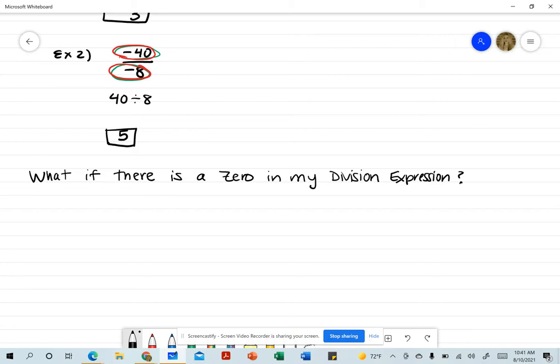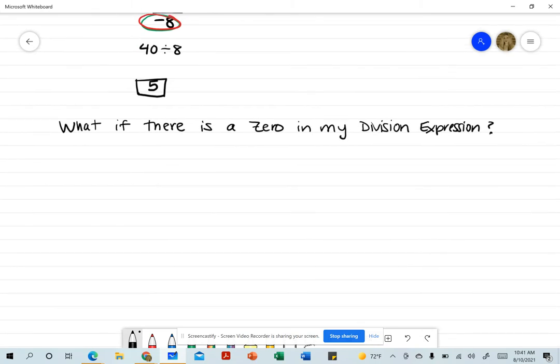So in order to represent this, I try to do a visual. So remember that 0 represents nothing. Quite physically, it represents the word nothing or no value. So let's look at this. Say I have an expression 0 divided by 2.